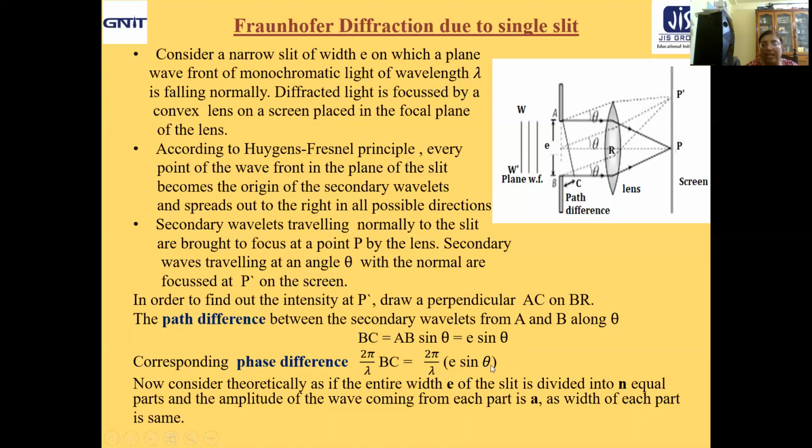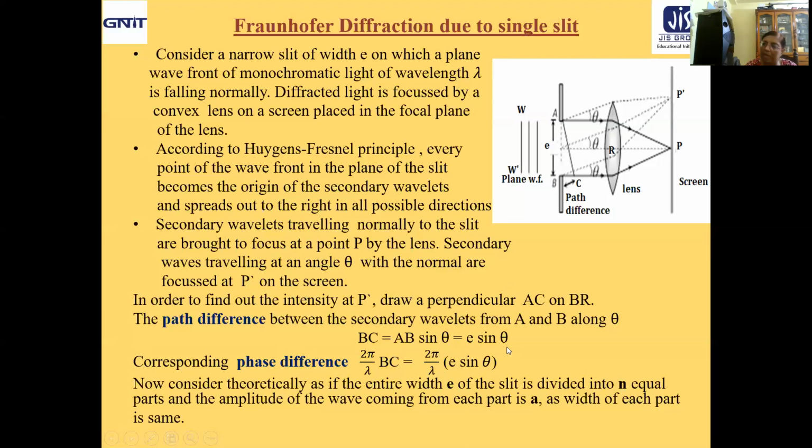The total phase difference between the diffracted waves from the two extreme edges of the diffraction aperture to reach the point P prime on the screen at an angle theta to the normal is given by 2 pi by lambda into e sine theta, where lambda is the wavelength of the monochromatic light you are using in the form of the incident beam to be diffracted, e is the width of the slit, and theta is the angle of diffraction.